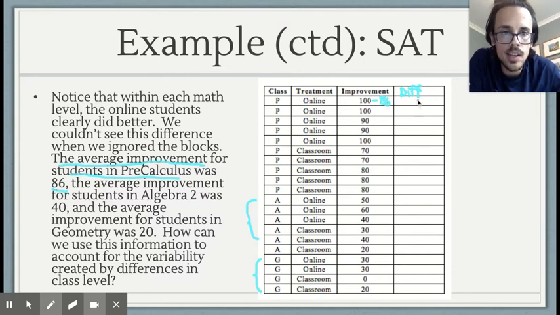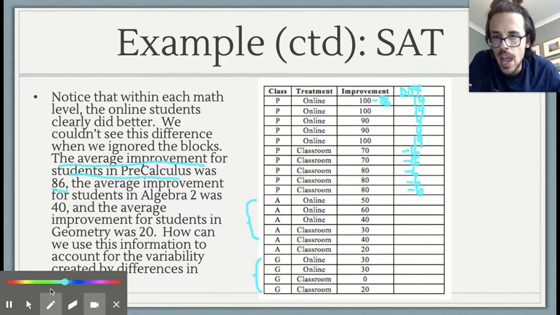If I subtract 86 from this, I wish I had written these out ahead of time, but that's a 14, a 14, 4, 4, 14. And then we have negative 16, negative 16, negative 6, negative 6, negative 6. Okay? So these are the numbers after we take out that average improvement of pre-calc kids.